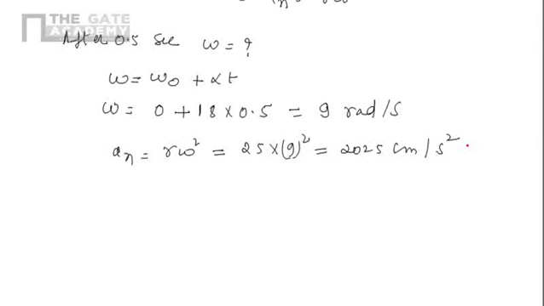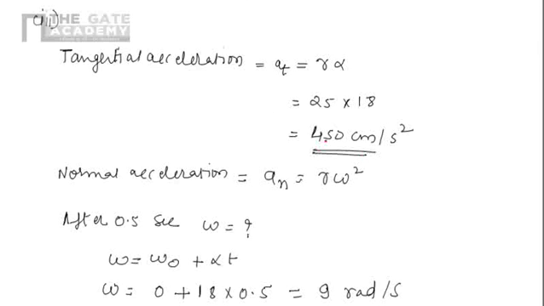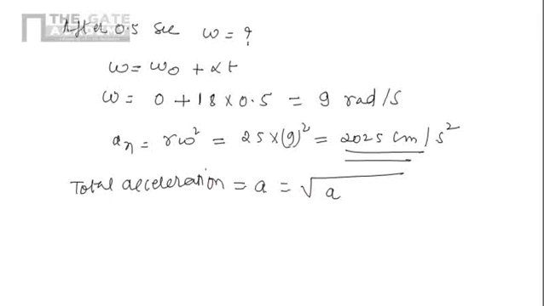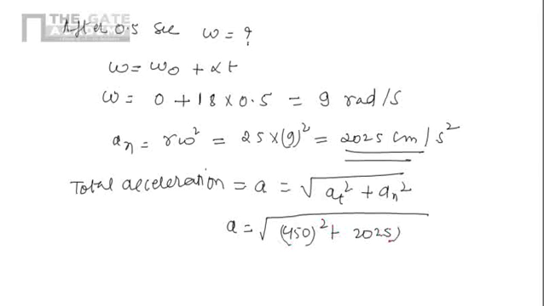Now we have the tangential acceleration 450 and the normal acceleration 2025, so the total acceleration we can easily find out. Total acceleration a equals the square root of at square plus an square, so 450 square plus 2025 square.